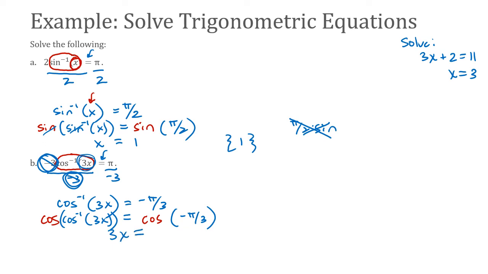What is the cosine of -pi over 3? Well, -pi over 3 is in the fourth quadrant, but you could also think about the fact that cosine is an even function, which means that the cosine of a negative angle is equal to the cosine of that same angle but positive.